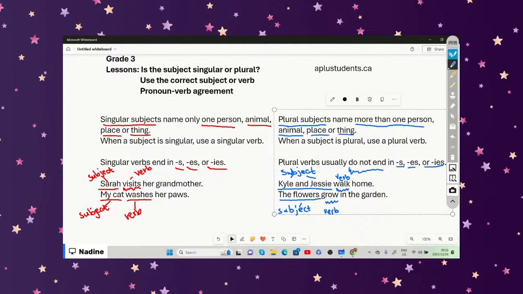When the subject is singular, we use a singular verb, and when the subject is plural, we use a plural verb. A plural verb does not end in S, ES or IES, whereas a singular verb ends in S, ES or IES.